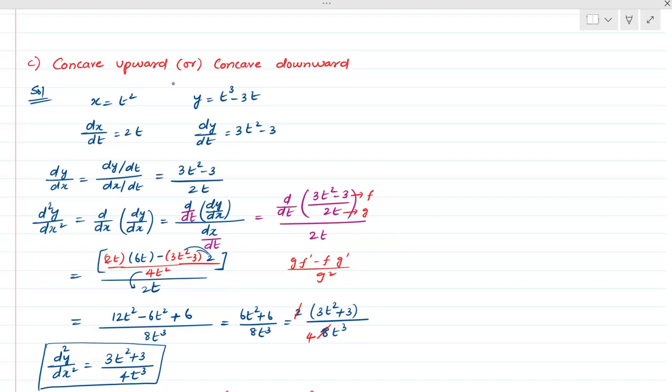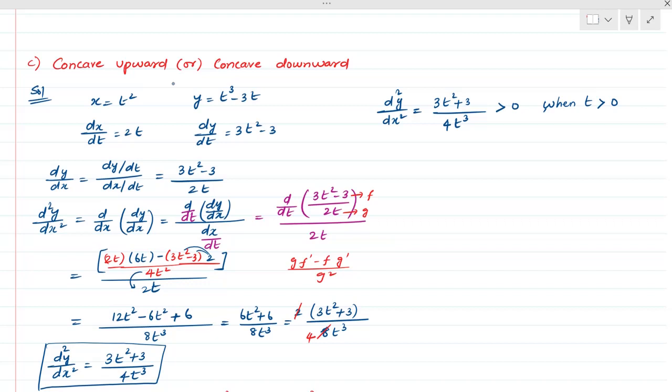Now I have to discuss what the value of t is. Since the value of d square y over dx square is 3t square plus 3 over 4t power 3, it is more than 0 when t is more than 0. If you take a positive value, all the values will be positive.